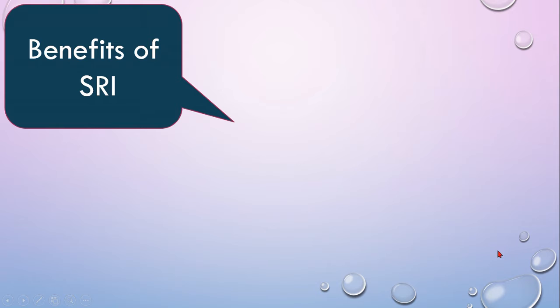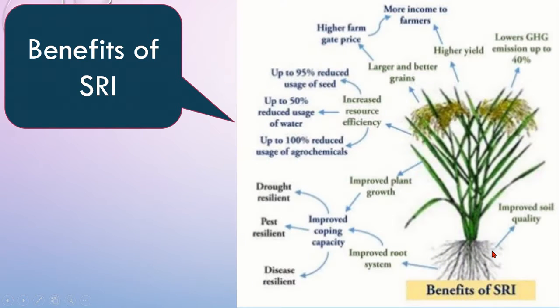Next one is the benefits of SRI. What will be the benefits of SRI? If you have a look here, you can see higher yield. When you get higher yield, that means more income. And then larger and better grains. When the grains are larger and better, definitely farmers get a higher price as well. And then increased resource efficiency: 90 to 95% reduced use of seed, 50% reduced use of water, and 100% reduced use of agrochemicals as well.